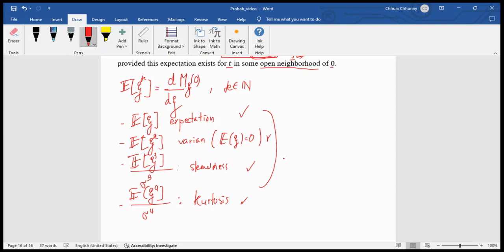But how do we find the moments? We can use the moment generating function, but not all random variables have a moment generating function. One counterexample is the log-normal random variable. A log-normal random variable has moments, but it doesn't have a moment generating function.